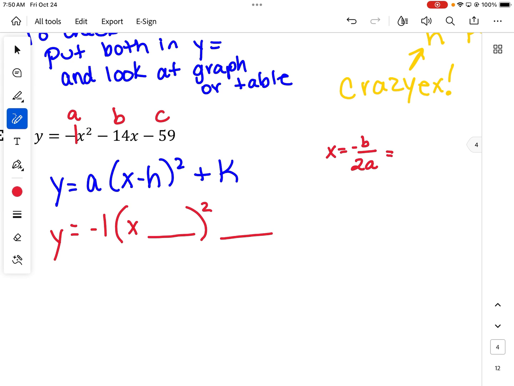So x equals -b. Well, b is already negative. So what do I put down? It says -14. So what do I write down for -b? Positive 14. Over 2 times -1.